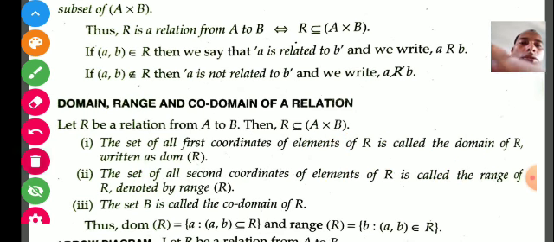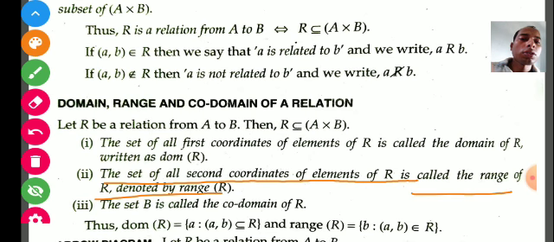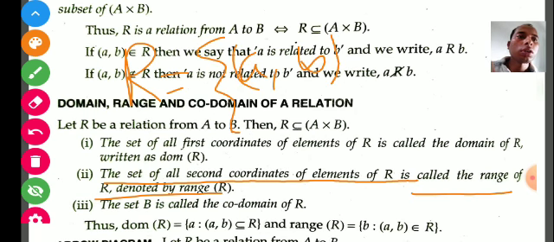Now, what is the range? The set of all second coordinates of elements of R is called the range, denoted by range of R. We already know this relation contains elements as pairs.